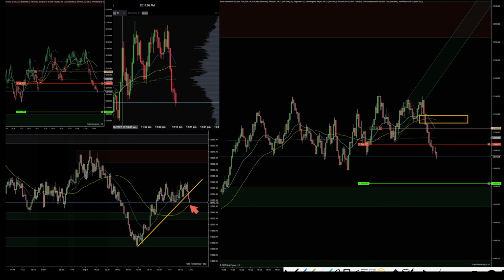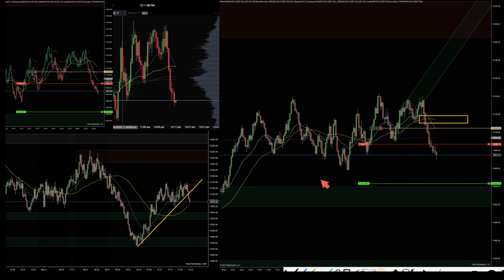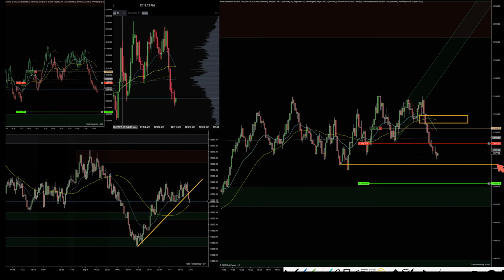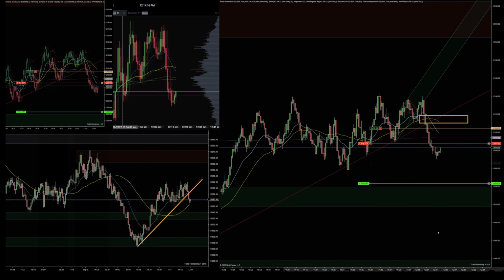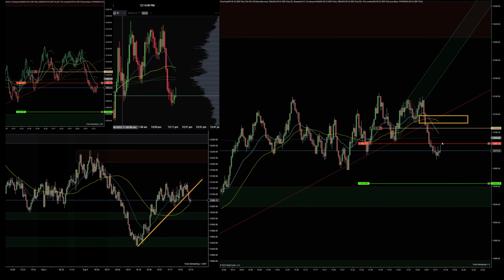Okay, we are getting close to that 50 SMA test here, so I bring my stop loss lower underneath that VWAP area, and maybe around here I may take my second profit. Yeah, that was a close one there.